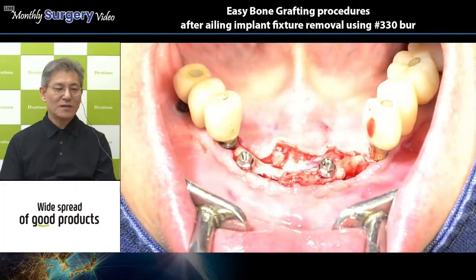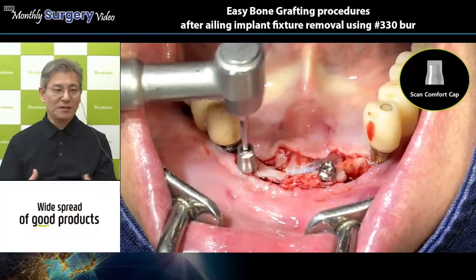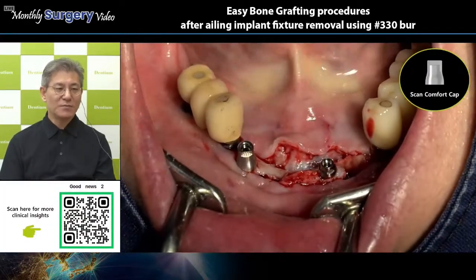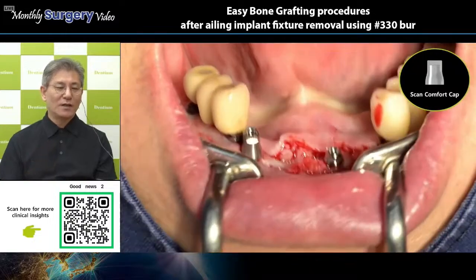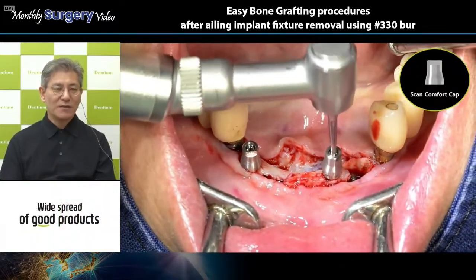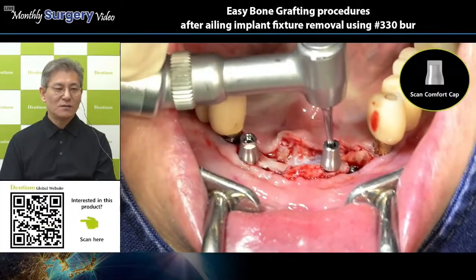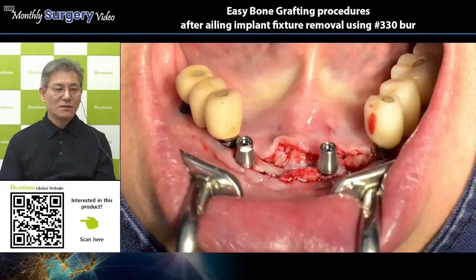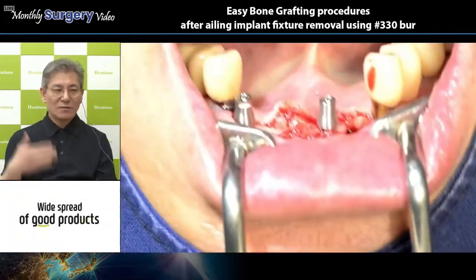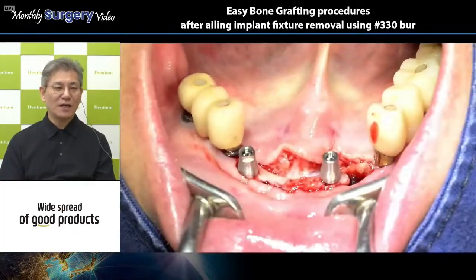After that, remove the plastic cap. This plastic cap works in a protective manner, right? The purpose of the plastic cap is protection of the screw hole, the inside of the top portion of the fixture. Removing the plastic cap and connect with the scan comfort cap now. You see some notches here, this notch is for the scanning, right?